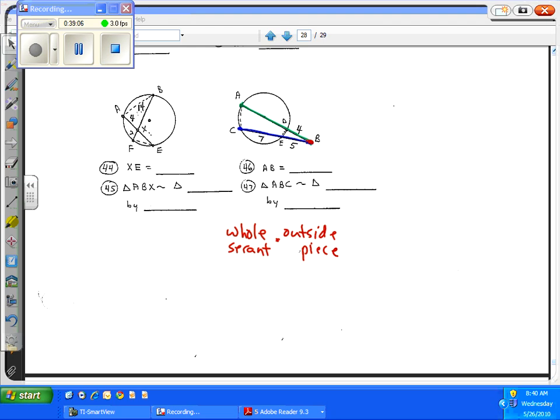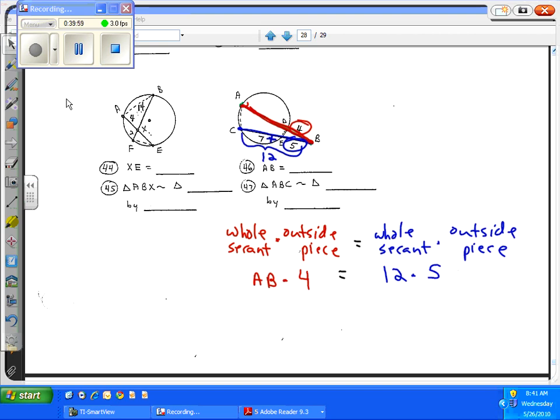If 2 secants are drawn to a circle from a point outside the circle, then the product of one secant and its external segment is equal to the product of the other secant and its external segment.